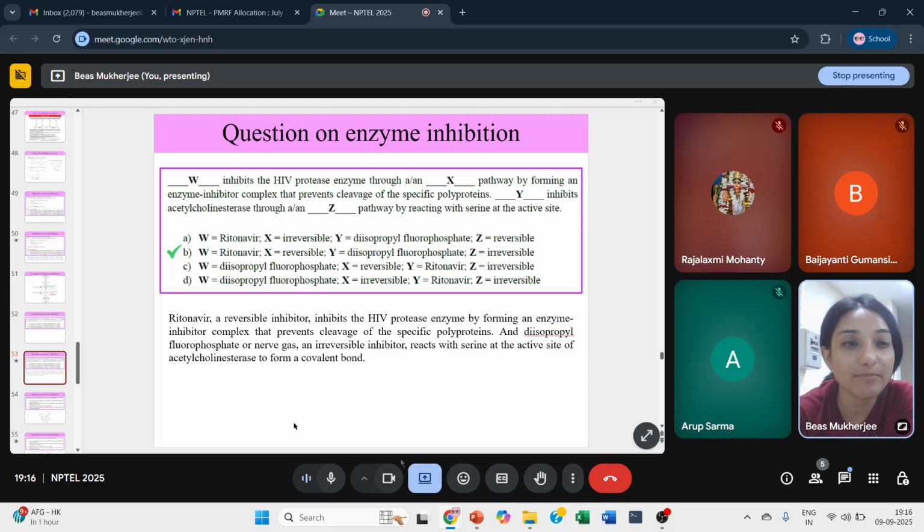Okay, so sometimes for some enzymes remembering the mechanism is useful, because especially for diisopropyl fluorophosphate, a lot of questions are asked from DIPF. So it's important that you remember.